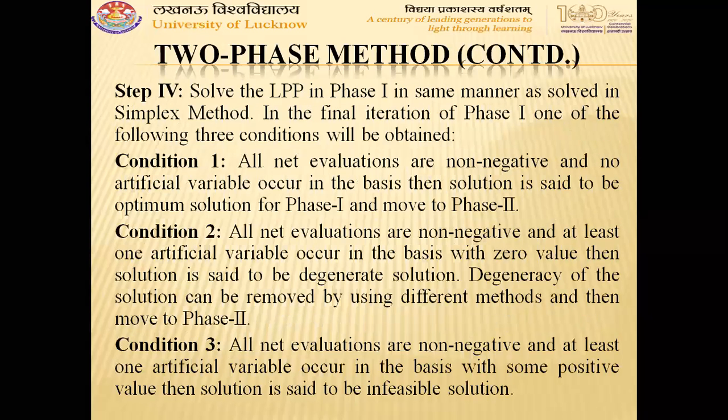That means construction of the simplex table, then obtaining the net evaluations Zj minus Cj, then select the most negative net evaluation if at least one is non-positive, and then calculate the ratio and select the minimum ratio. The variable corresponding to the minimum ratio will leave the basis, and the variable corresponding to the most negative net evaluation will enter the basis.